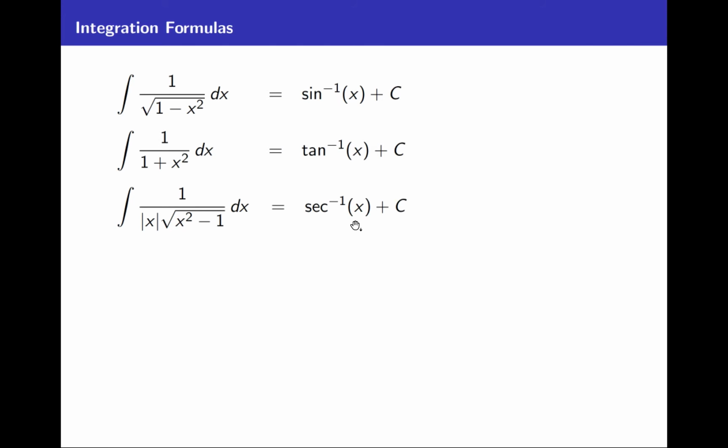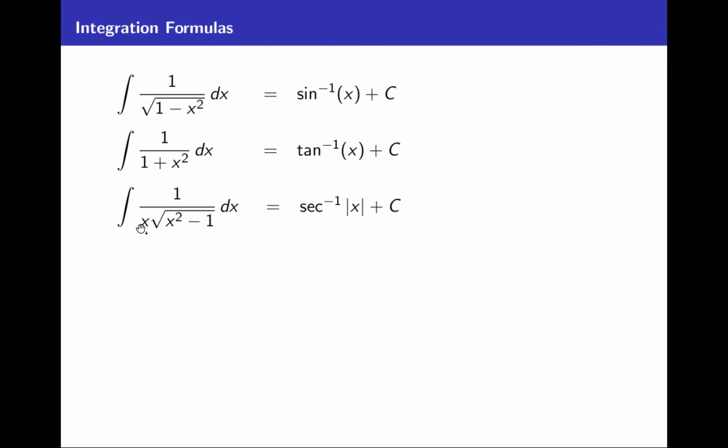So I'm about to do that. Here we go. We removed them here, and we put them right there. And you can check, if you want, you do have to do it piecewise, that the derivative of secant inverse of the absolute value of x plus c really is 1 over x times the square root of x squared minus 1. So this is the integration formula that we're going to use.